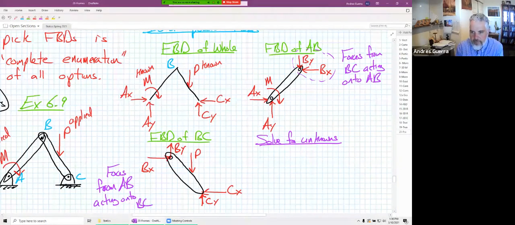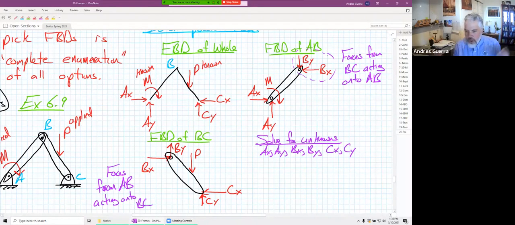We have an AX, we have AY, we have a BX, we have a BY, and we have CX and CY. So all together, we have 6 unknowns for this problem. In each FBD, how many equations do we have? Anyone? How many equations do we have for each FBD?